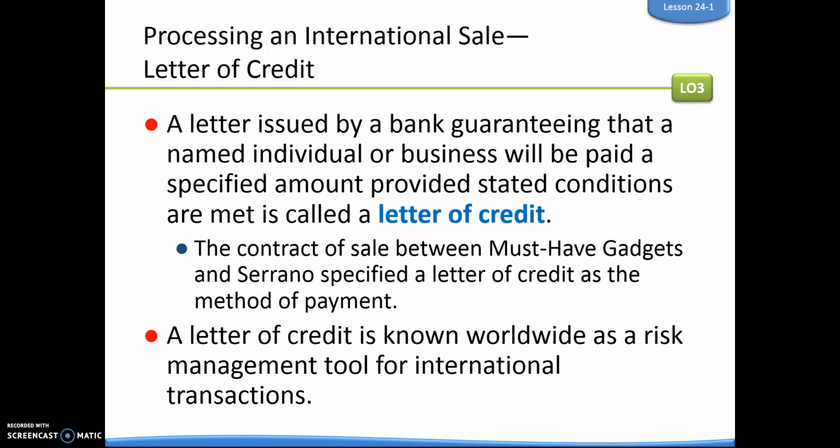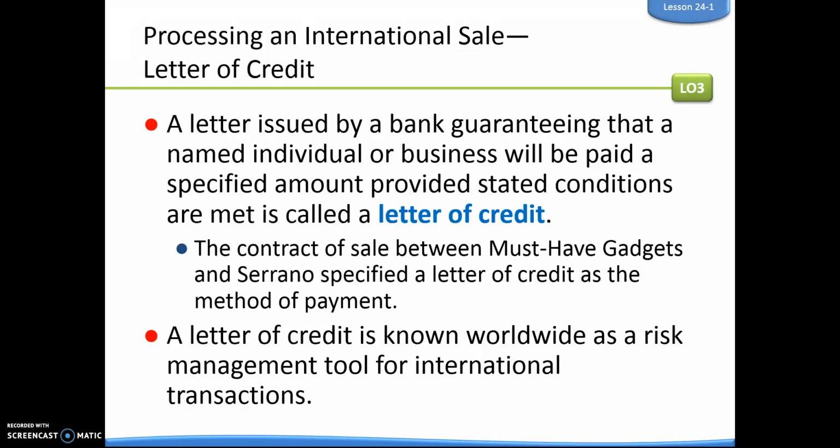So once they've drawn up that contract of sale, then what happens is a letter of credit is issued. A letter of credit is a letter that gets issued by a bank guaranteeing that the named individual or a business will be paid the specified amount, provided the stated conditions are met.